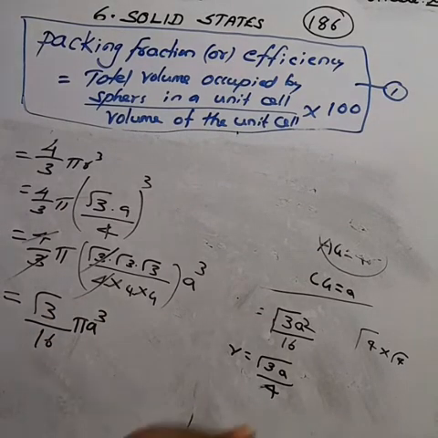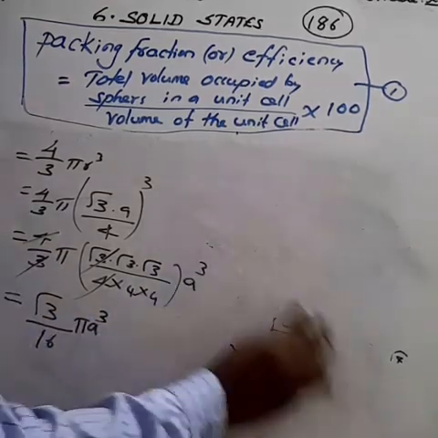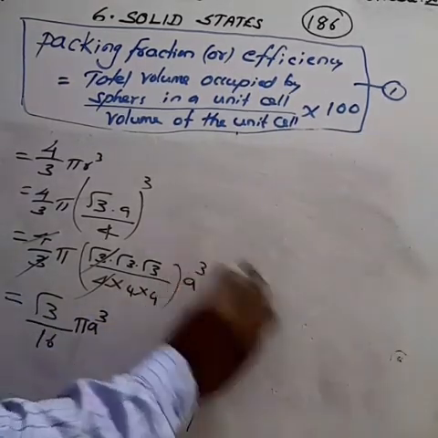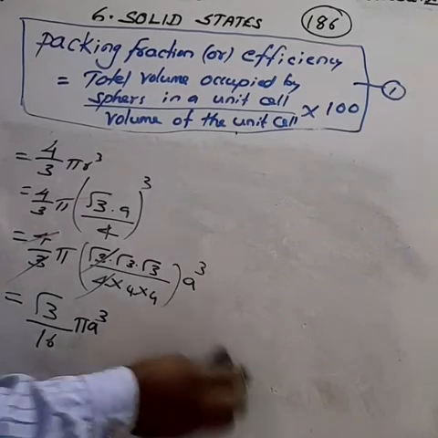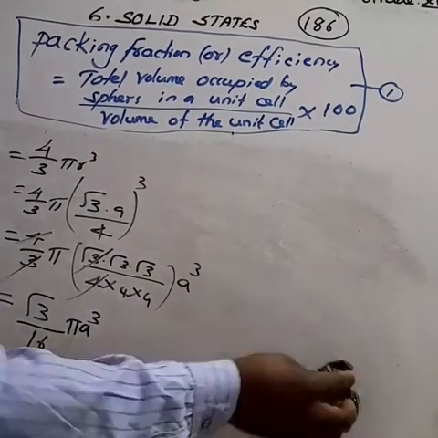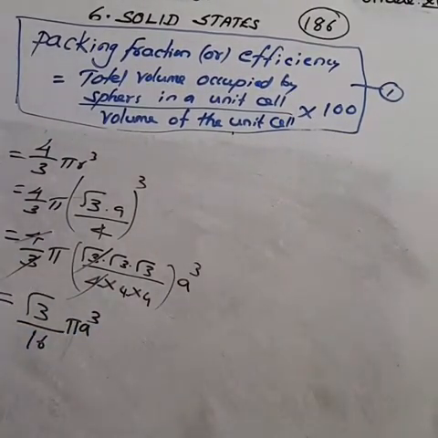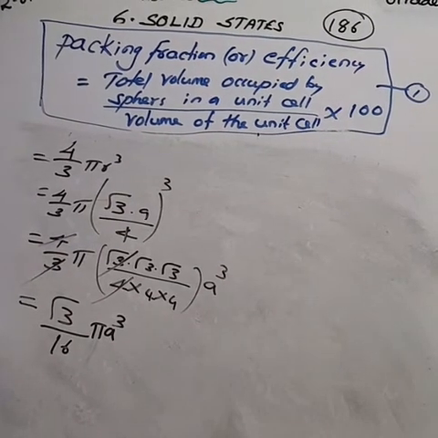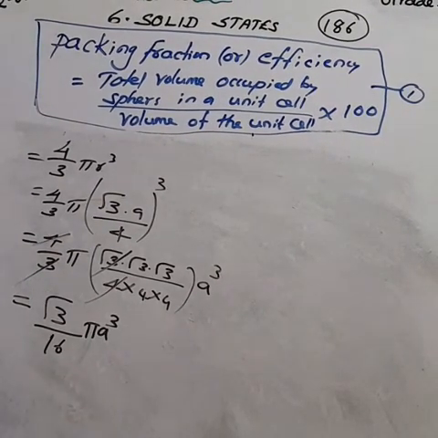Here we are discussing now the packing fraction, that is the packing efficiency of the body centered cubic. We know that the number of atoms in a body centered unit cell is equal to 2. Hence the total volume of the whole sphere is root 3 pi a cube by 16.